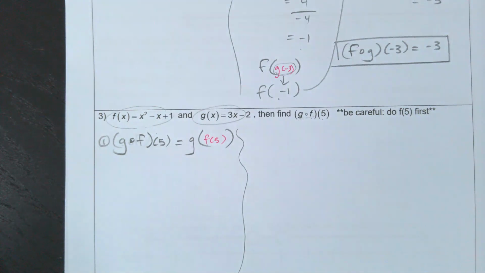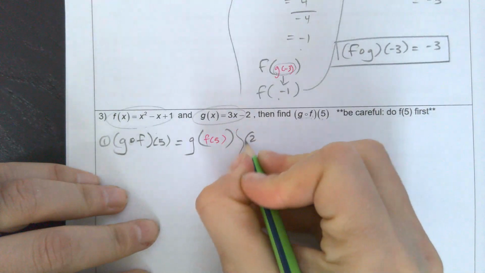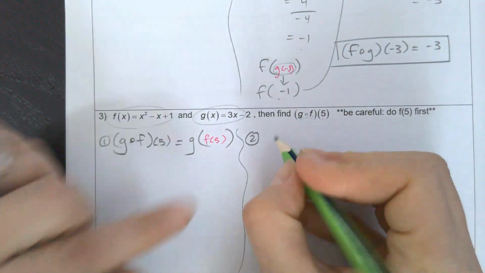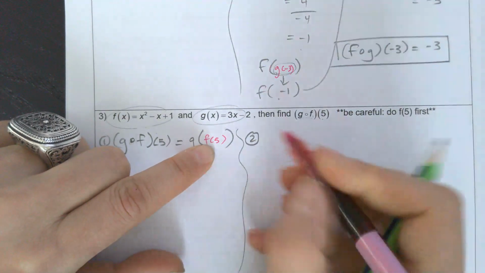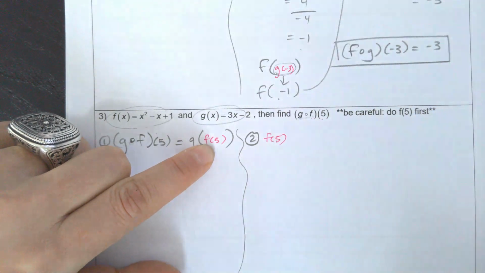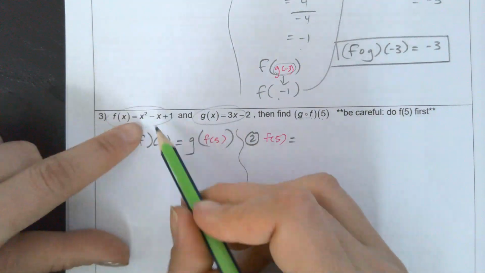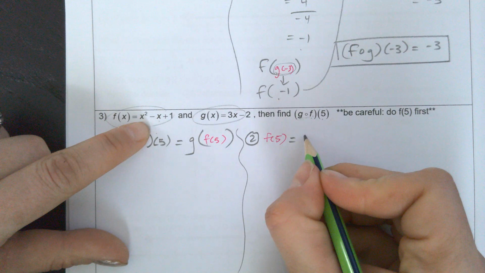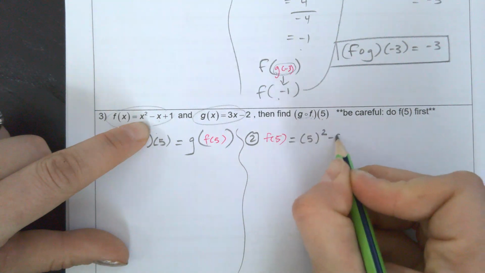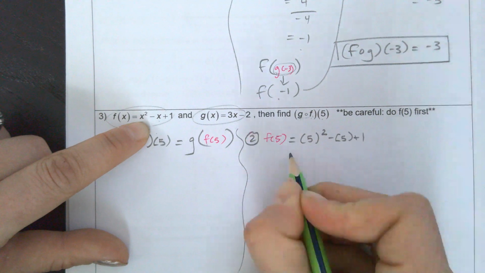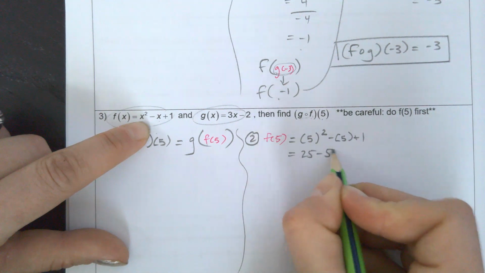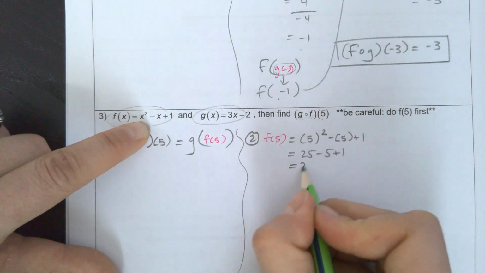Let's keep going fast before my battery dies. Okay, so I have to find f of 5. So I'm going to put a 5 in for f. That's 25 minus 5 plus 1, and that equals 21.